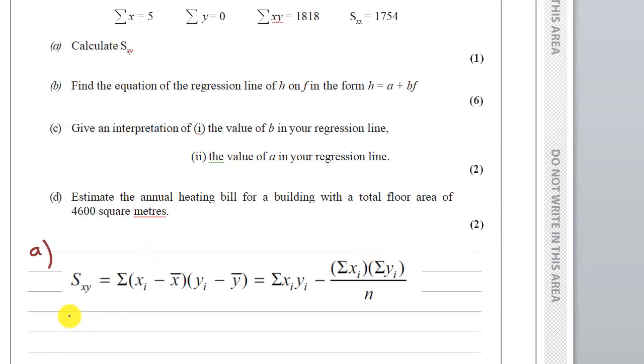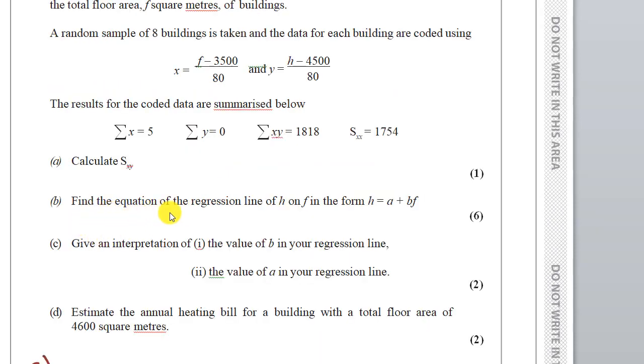So sxy is equal to 1818 minus 5 multiplied by 0 divided by 8, so the answer is 1818.